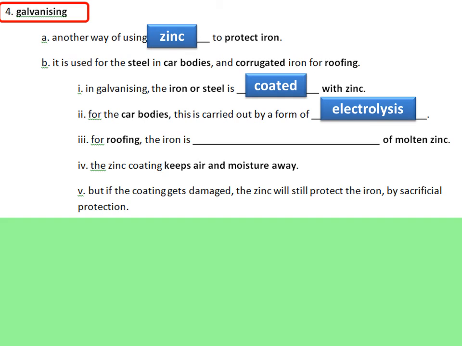For roofing, we directly immerse the iron into molten zinc, dip in a bath of molten zinc. The function of the zinc is to keep the air and moisture away. But even if the zinc coating were damaged, the zinc will still protect the iron, like what we mentioned just now, sacrificial protection.